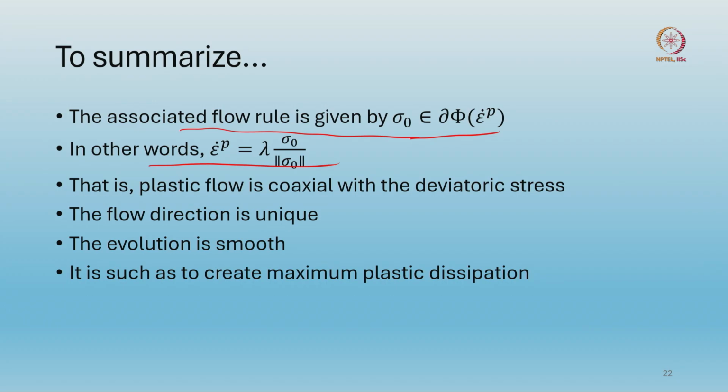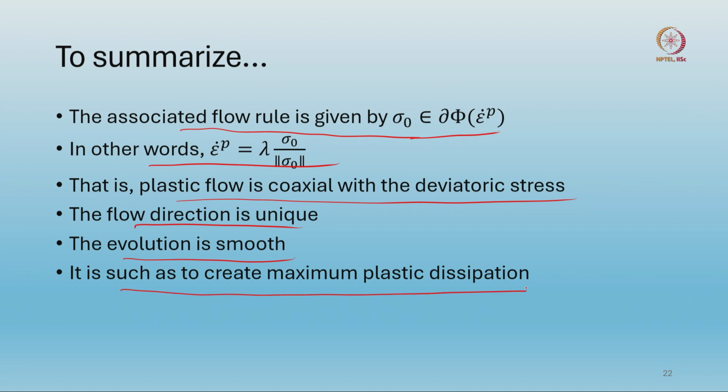So, therefore, this lambda has to be equal to the norm of epsilon p dot. That is, the plastic flow is coaxial with the deviatoric stress. The flow direction is unique as long as the yield surface is perfectly smooth, right. The evolution is smooth, right. It is such as to create the maximum plastic dissipation. All of this we have actually seen from just one principle, that is of constructing the phi j, the dissipation potential from this support function, right.